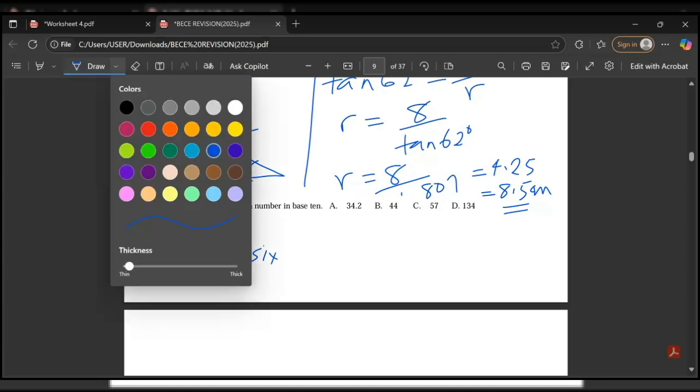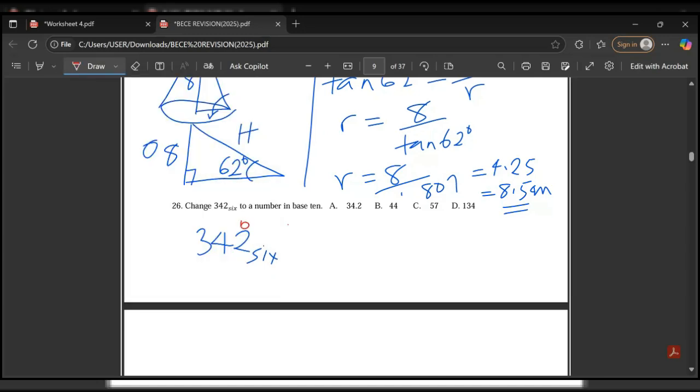So at the top of each number, I'm going to start from 0, 1, 2. That will be 3 times the base, which is 6, raised to the power of 2, plus 4 times 6 raised to the power 1, plus 2 times 6 raised to the power 0.